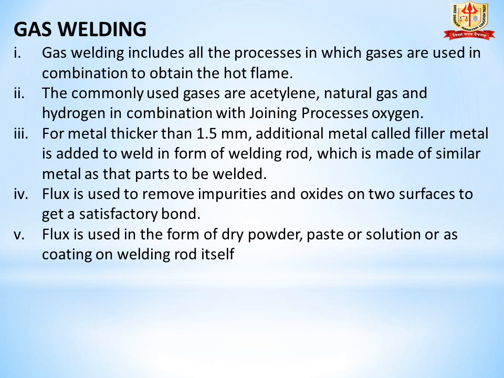Third, for metal thicker than 1.5 mm, additional metal called filler metal is added to the weld in the form of a welding rod, which is made of similar metal as the parts to be welded. Point number 4. Flux is used to remove impurities and oxide on the two surfaces to get a satisfactory bond. Point number 5. Flux is used in the form of dry powder, paste or solution, or as a coating on the welding rod itself.